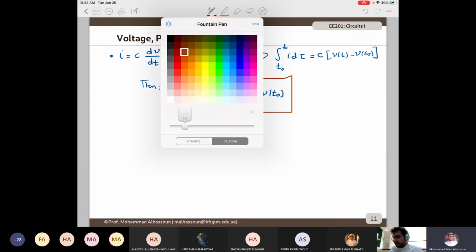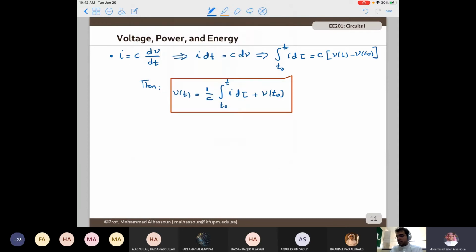Okay. So now we derived the voltage. What about the power? The power again is P equals I multiplied by V. So P equals C dV by dt times V, remembering that the current is C dV by dt, so P equals C V dV by dt.